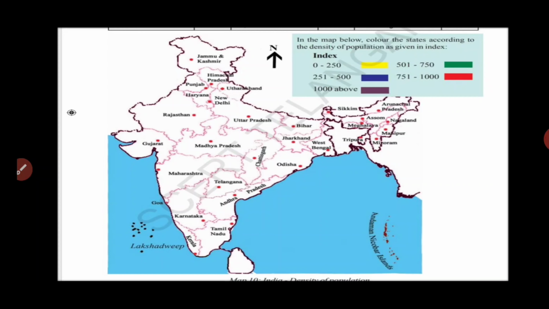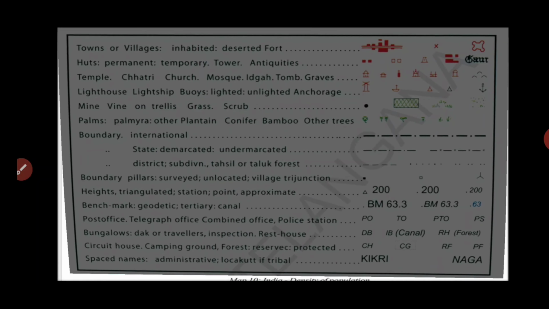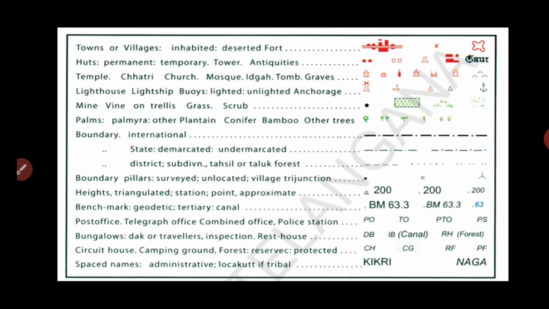Understood, my dear? And the next one is conventional symbols on maps. So here, while map makers usually use their own symbols, sometimes symbols are used conventionally by most map makers. Understood, my dear? Right from the ancient days to nowadays, we observed many maps.